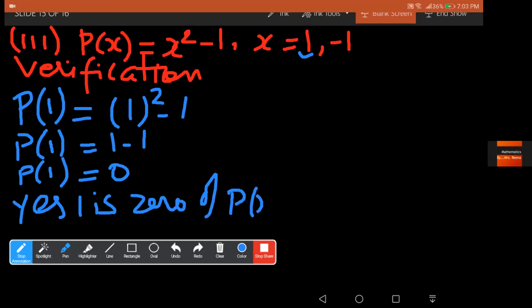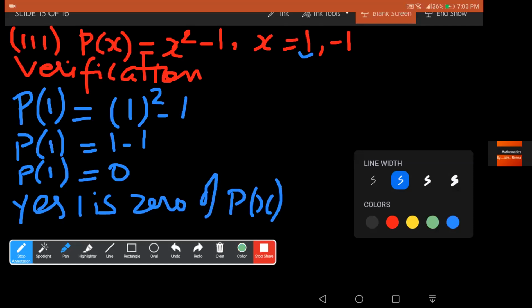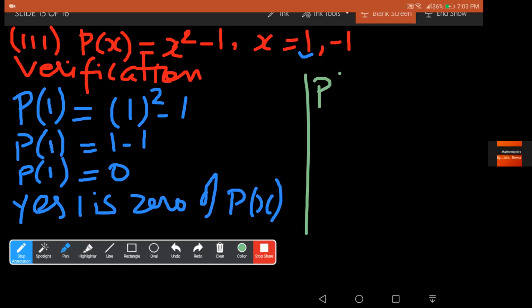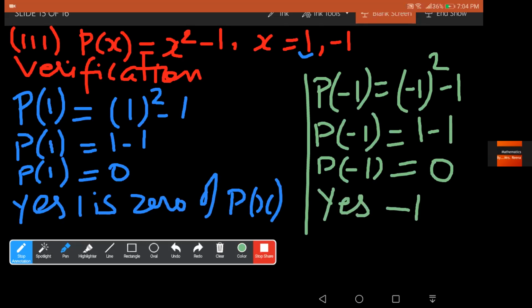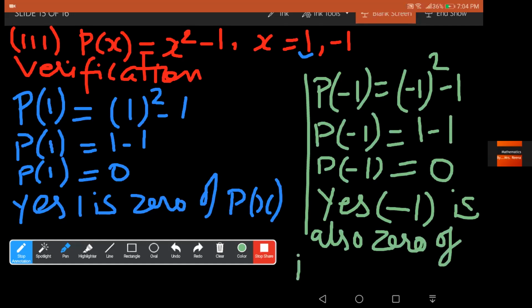ठीक है. Now minus 1 के लिए भी हम same process करेंगे. We would like to find out P of minus 1. Then x will be replaced by minus 1. So minus 1 का square क्या होता है? Minus 1 का square होता है 1, है ना? So we will get 1 minus 1 again. It will be 0. So if P of minus 1 is 0, so yes, minus 1 is also a zero of px.